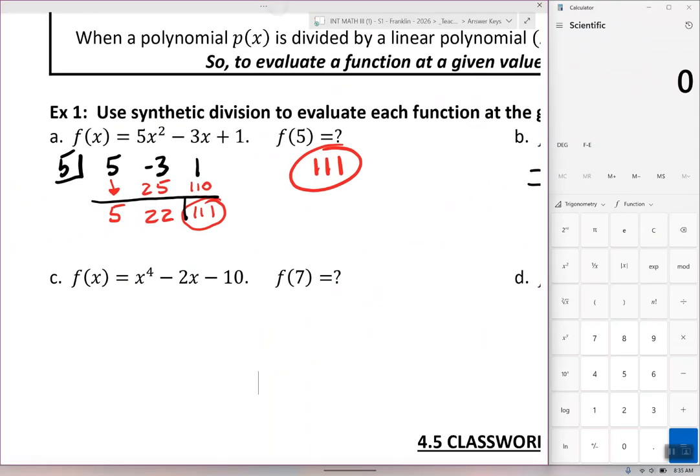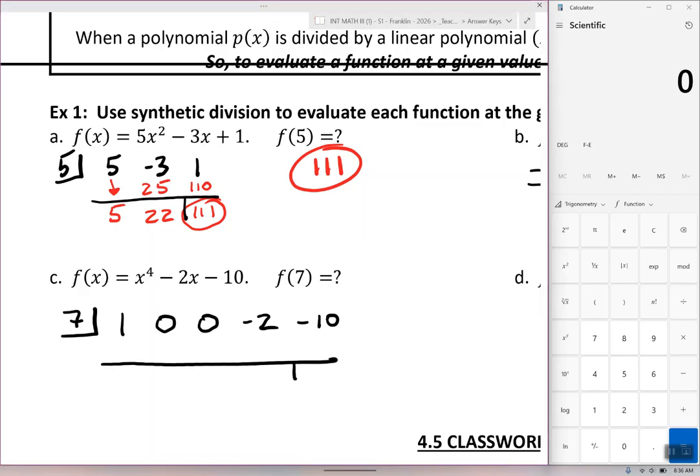I think we might need a calculator for example C. We are going to put 7 in the box here, and we have coefficients of 1, 0, 0, -2, and -10. Quite a few missing coefficients there. All right, let's try it.